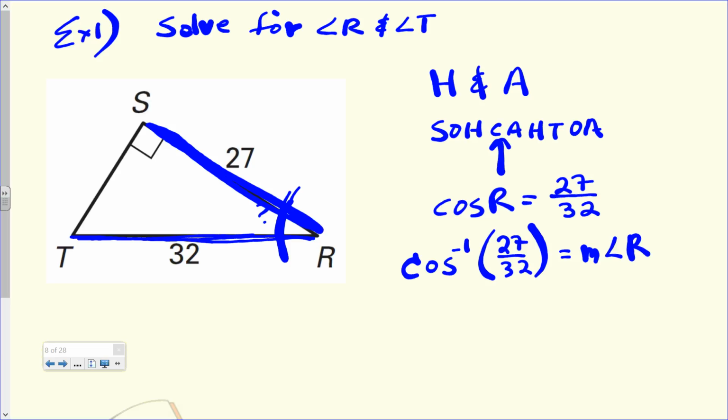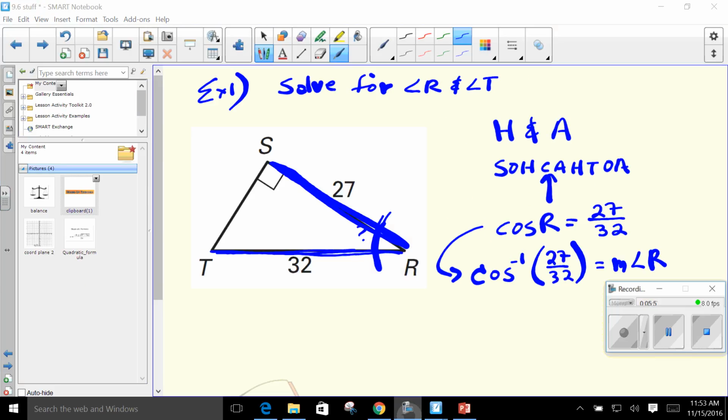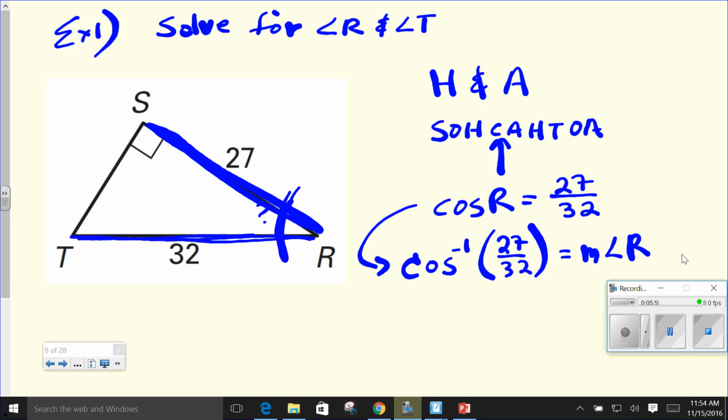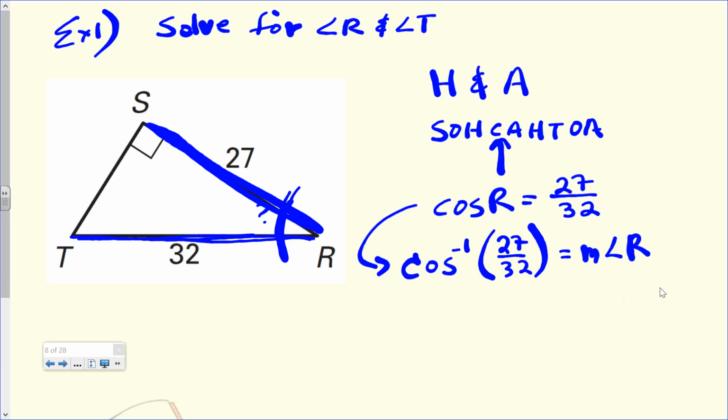There's the move. This is the inverse trigonometry move. So on your calculator, hit inverse cosine 27 over 32. Hit enter. What did you guys get? 32.5.